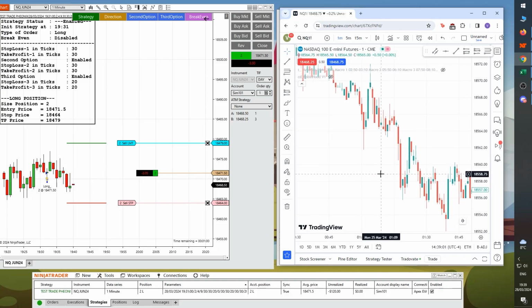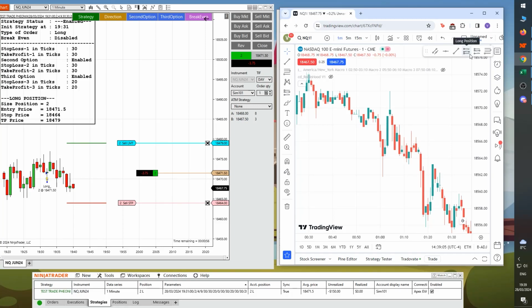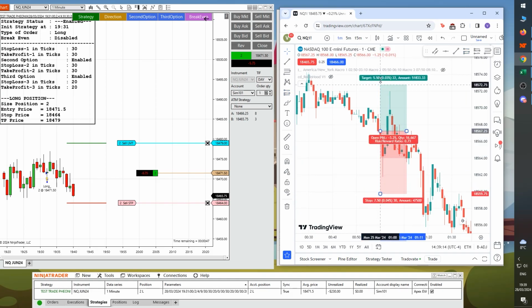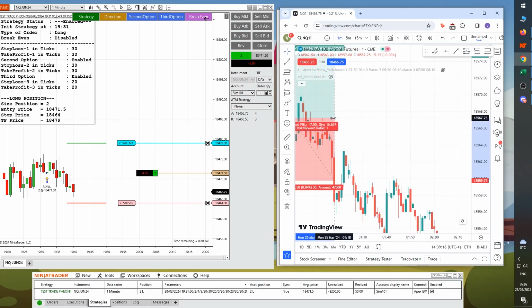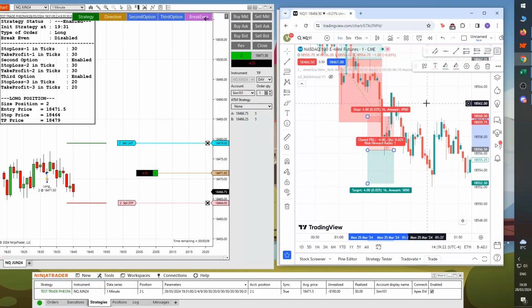scalps. With the shorter TPs, like the one with Phoenix 7.5, it works actually quite well because 7.5 stop losses are, I think, yeah, and 8 is the sweet spot. Really, like 7.5 here.